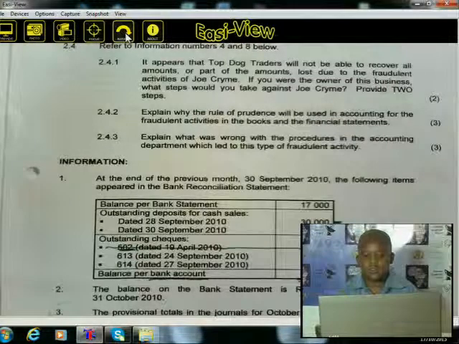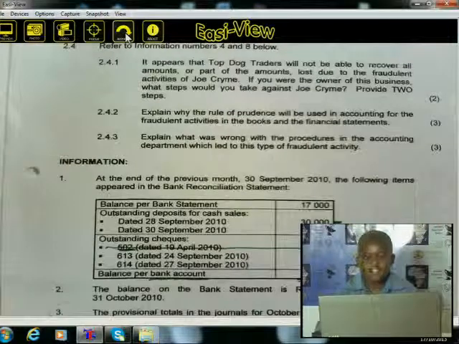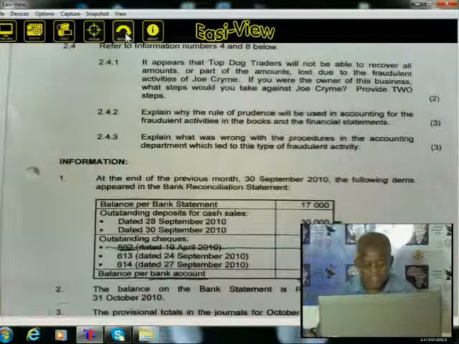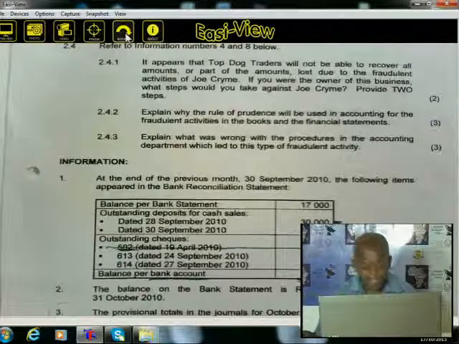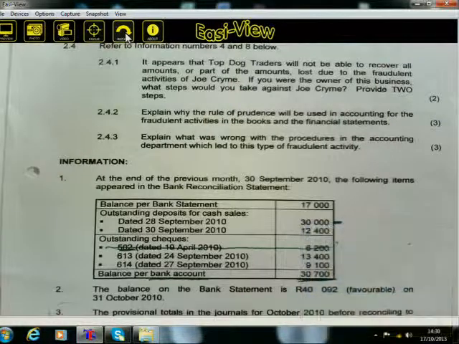There are a lot of things that you can do as part of trying to recover what is due to the business. I'll just go through them again. You set a disciplinary hearing for Joe to answer to the allegations. Or you recover what is possible from his salary that is owing to Top Dog. You institute legal actions against him. But you must be careful that the legal costs must be less than the amount recoverable.